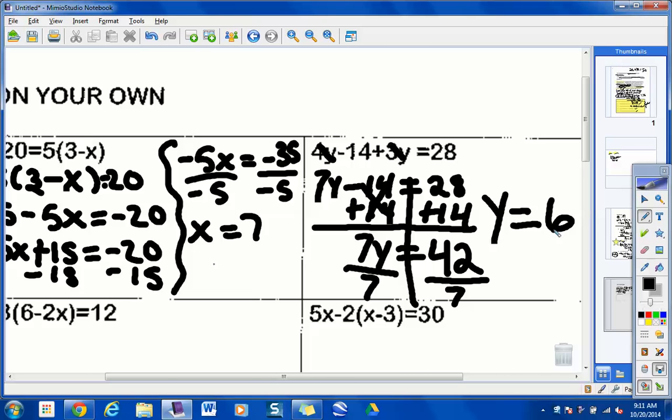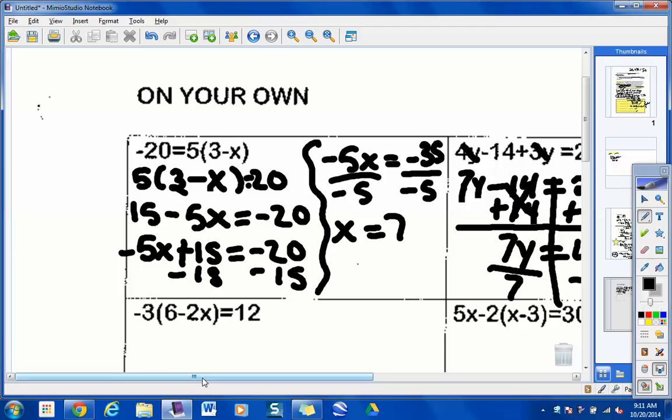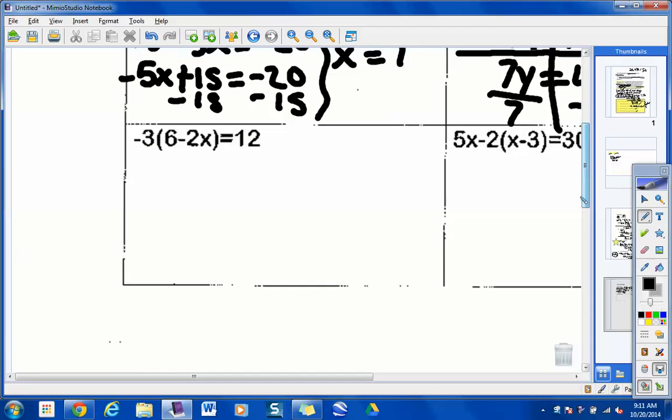Candace, you'll have to slide that back to the left, alright? Oh, I still got the right answer. Okay, good deal. Alright, Candace, run me through it. First, you have to do the parentheses. Okay, so you're going to distribute.